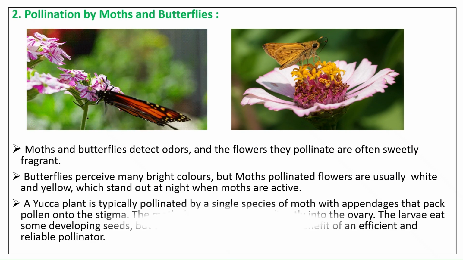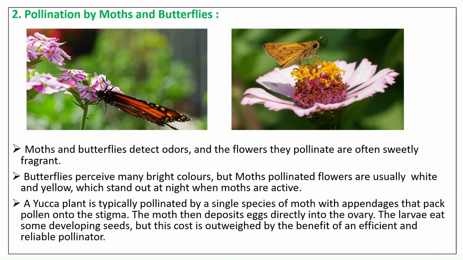A yucca plant is typically pollinated by a single species of moth with appendages that pack pollen onto the stigma. The moth then deposits eggs directly into the ovary. The larvae eat some developing seeds, but this cost is outweighed by the benefit of an efficient and reliable pollinator.